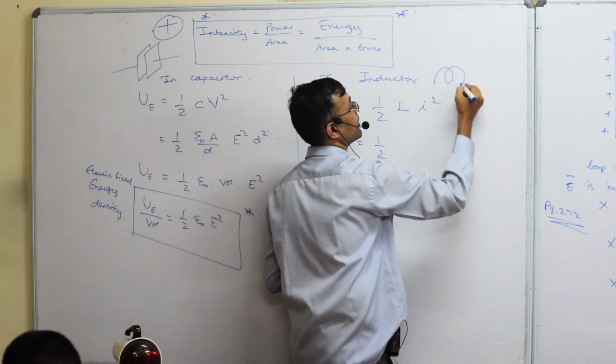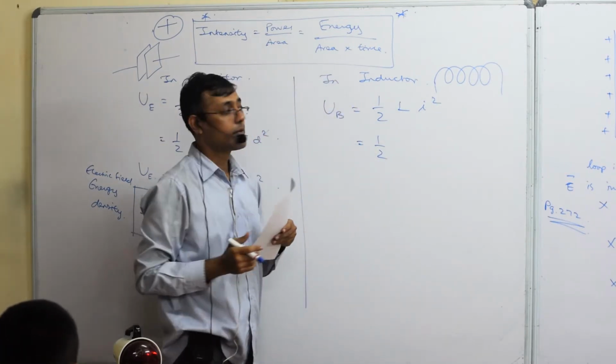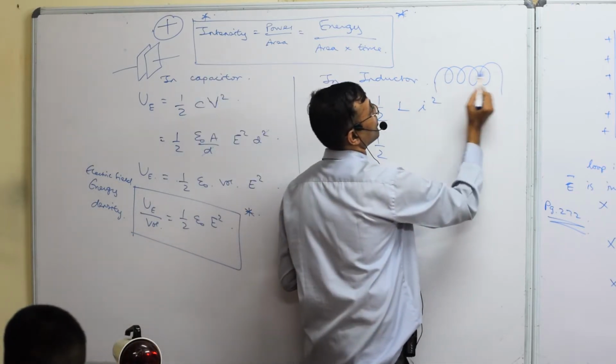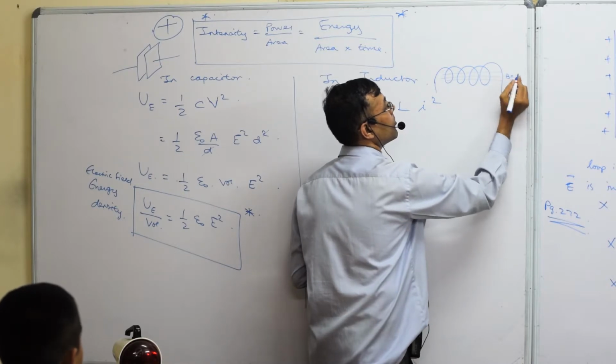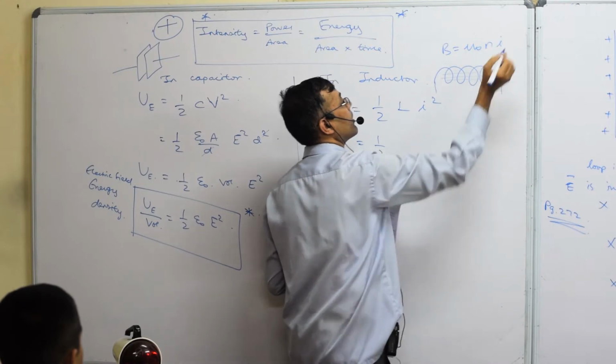What do you mean by inductor? It's nothing but a coil, a solenoid. Inside the coil, what is the magnetic field? B is equal to mu naught n i.